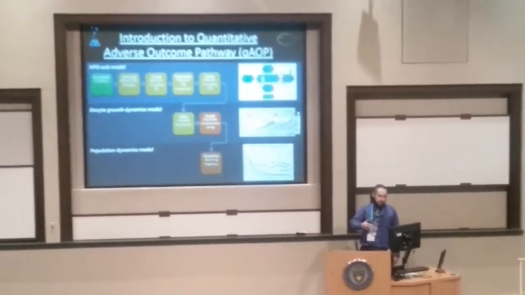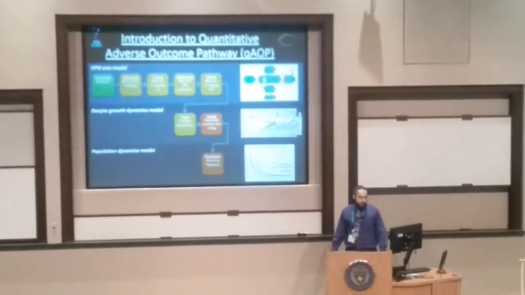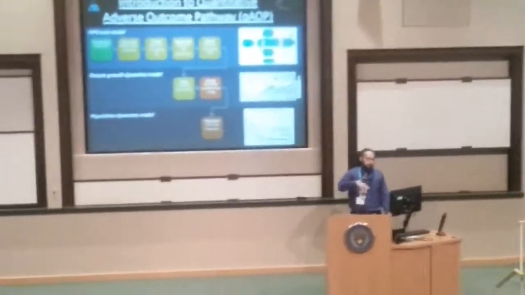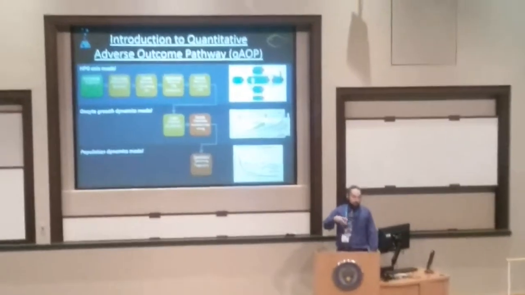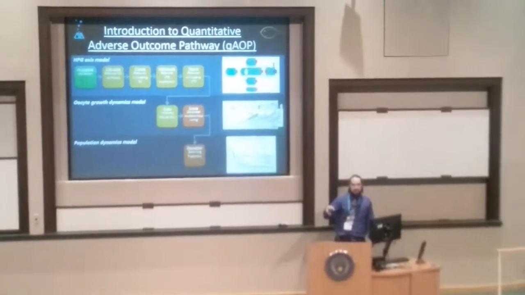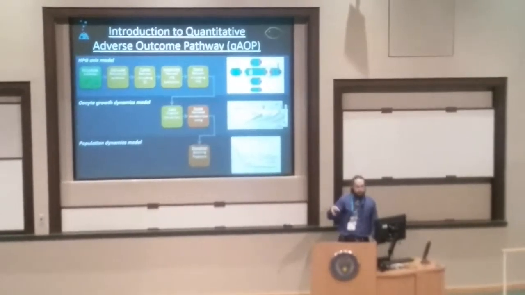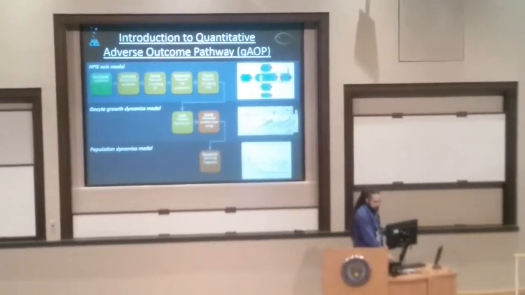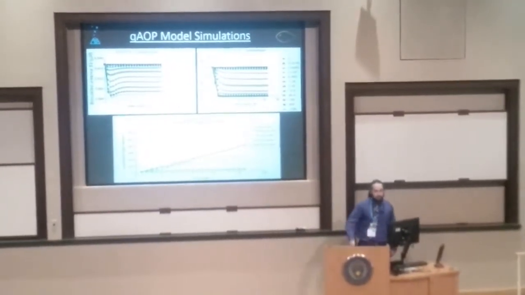And this is done by linking together multiple quantitative models and taking the results from previous models and inputting them as input parameters into the next one and so forth. So when we used our Imazalil-specific aromatase inhibition data and plugged it into our models, we then got specific model simulations.